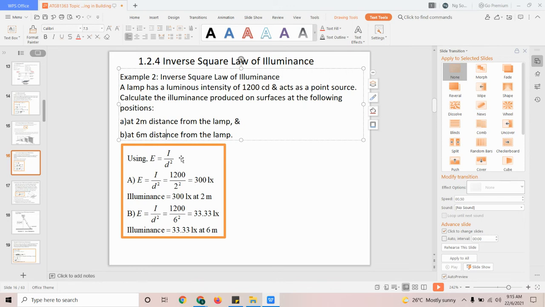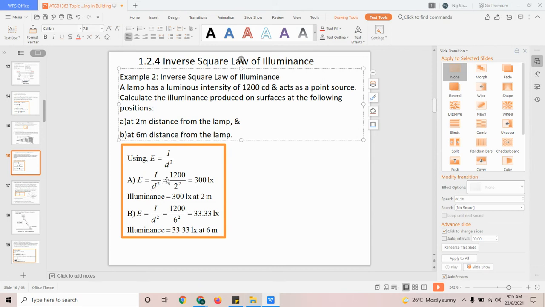So using the formula E equals I over D squared, where I is a fixed value given in your example, which is 1200, divided by the distance squared. The surface at 2 meters and the surface at 6 meters will have different amounts of brightness reaching the surface.